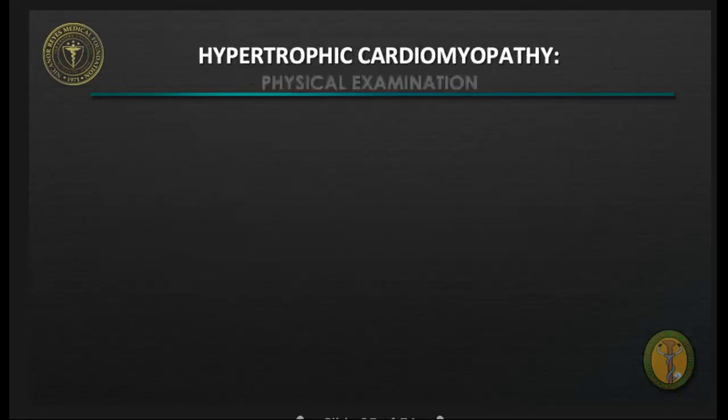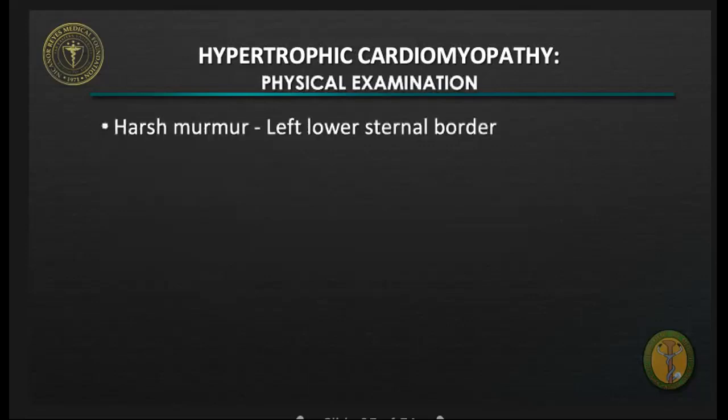So on physical examination, there is a harsh murmur arising from the outflow tract, heard at the left lower sternal border. This is due to the turbulence during ventricular ejection and the commonly associated mitral regurgitation.